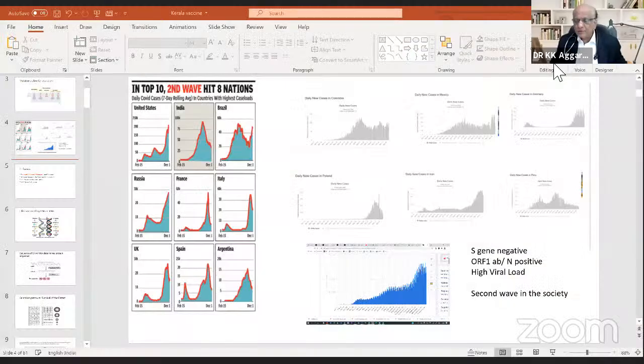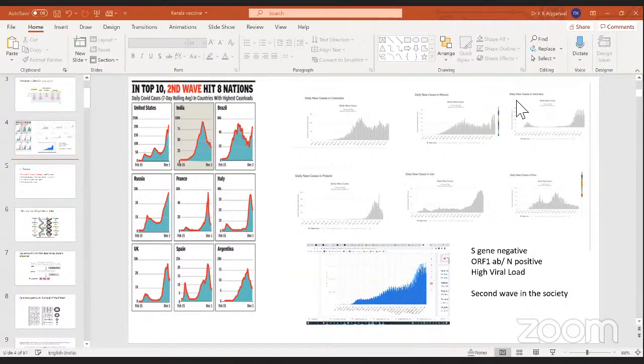Whenever you see a second peak, let me come back to the slides. Spotlight, stop video. How do I make it so that my pictures are up and my slides are down? How do I do it, Ritu? Stop video, rename, spotlight, add profile. Turn on presentation mode. Gallery view, speaker view.